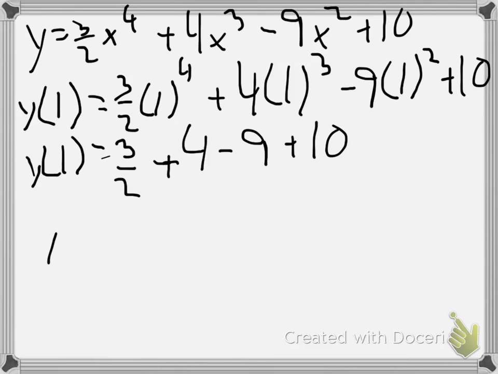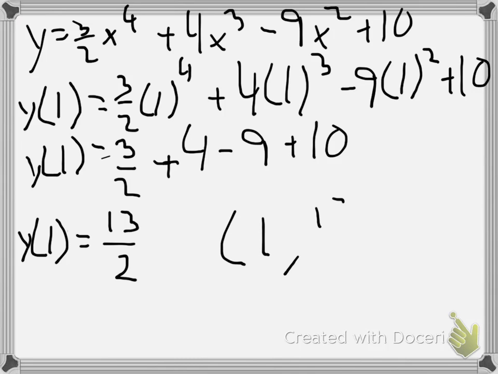Now we simplify all that out. It becomes y of 1 equals 3/2 plus 4 minus 9 plus 10, which turns into y of 1 equals 13/2, and the position is 1, 13/2.